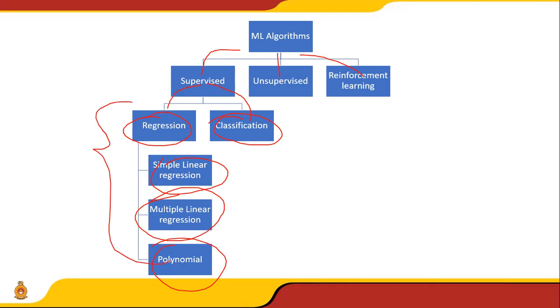Please spend a bit of time to understand all of these regressions and stuff. According to the guide that was given, we start with classification, but I believe classification is not the best place to start our discussion. I believe regression is the best place to start the discussion. Then if we can move to classification, that makes sense, right?